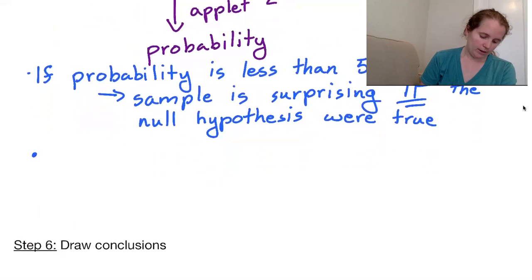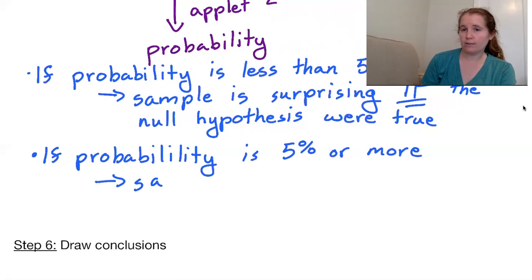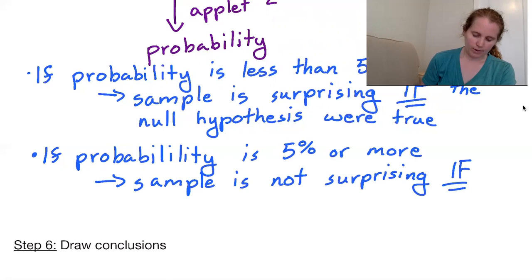If the probability is 5% or more, then we consider the sample is expected, or is not surprising, if the null hypothesis were true.